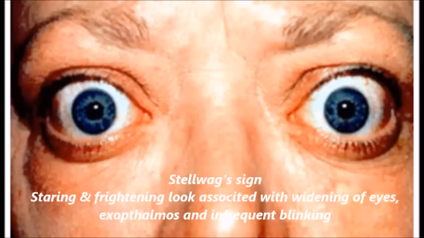So there will be more and more widening of the palpebral fissure. Now you can see here there is lid retraction above as well as below. Because of exophthalmos, the lower eyelid is also retracted and the sclera here also gets uncovered or exposed.